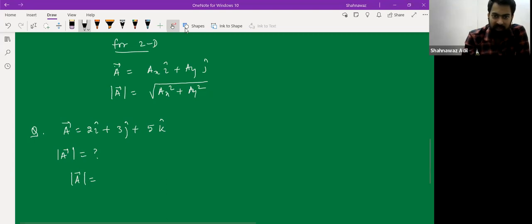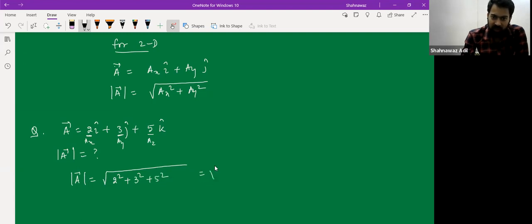Okay, still calculating. So what would be this A magnitude? This would be the square root of AX square, where AX is 2, and then AY is 3, and AZ is 5. So 2 square, 3 square plus 5 square.